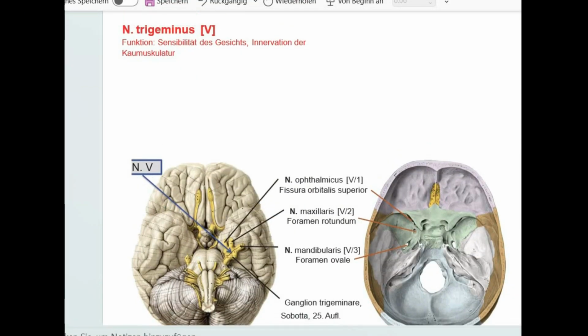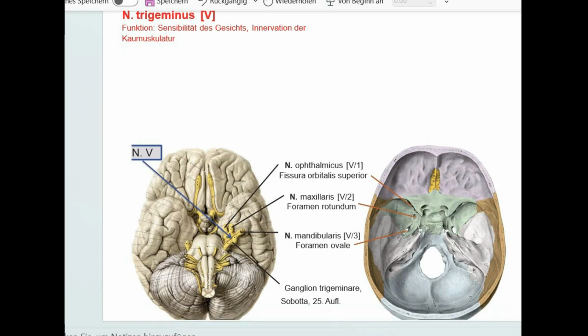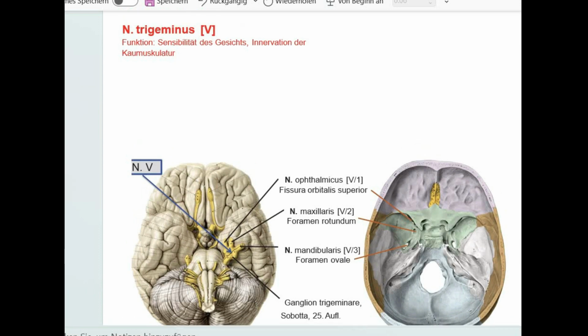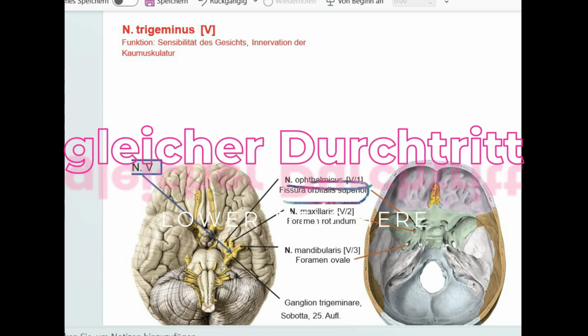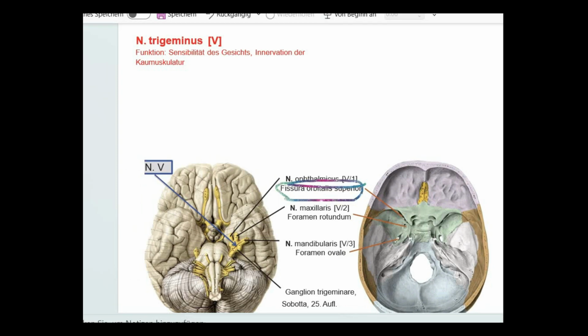Now let's go over the trigeminal nerve, nerve 5. It is a thick nerve and it has different tasks, and it consists of three main parts. The first one is called the ophthalmic nerve, which is similar to numbers 3, 4 and 6, through the superior orbital fissure.